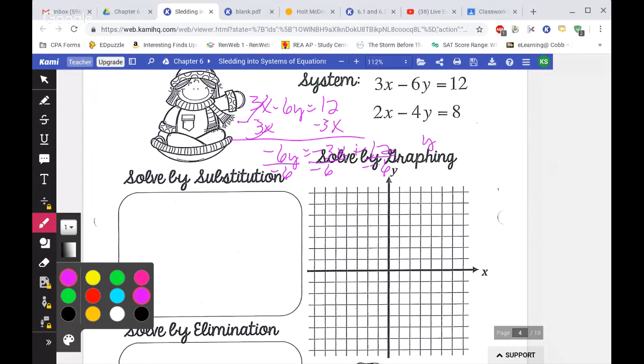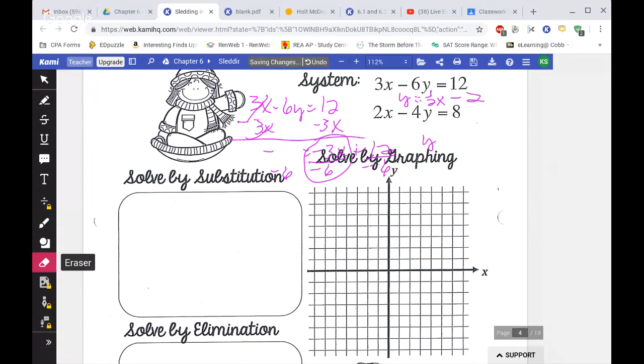So that's going to give me y equals, the -3x divided by -6 is a positive 1/2 x, and 12 divided by a negative 6 is negative 2. So the first line is y equals 1/2 x minus 2.